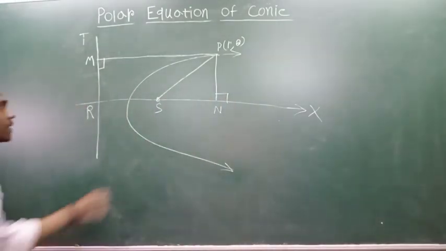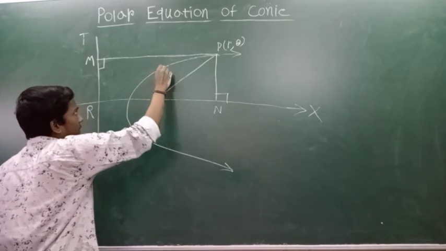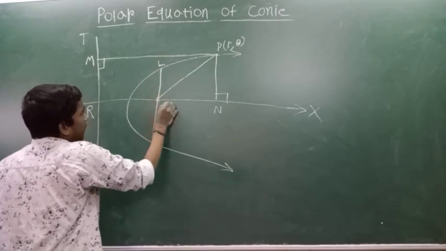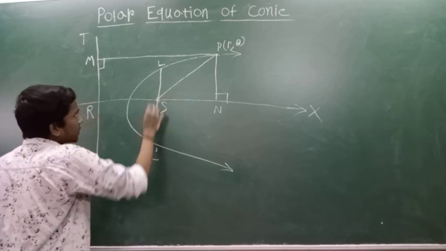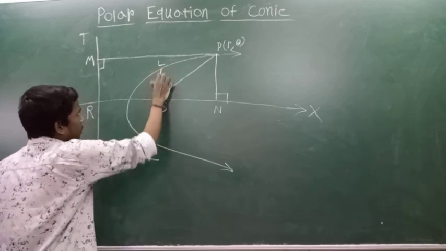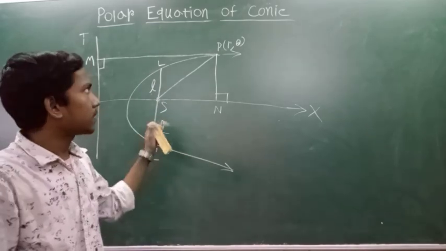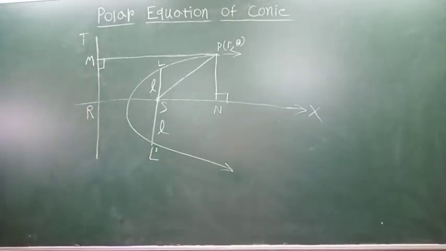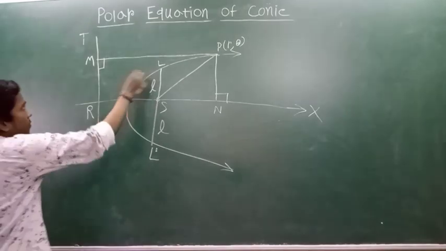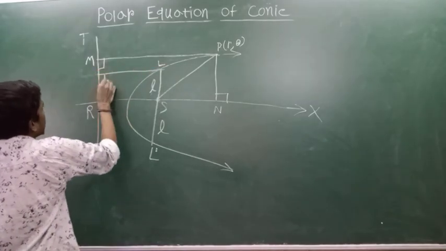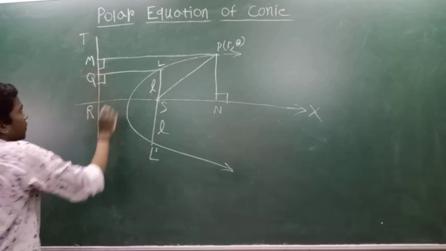Now the latus rectum of this conic is LL', and the length of the semi-latus rectum is given as small l. Now we draw one more perpendicular from L to the directrix, say this is LP.